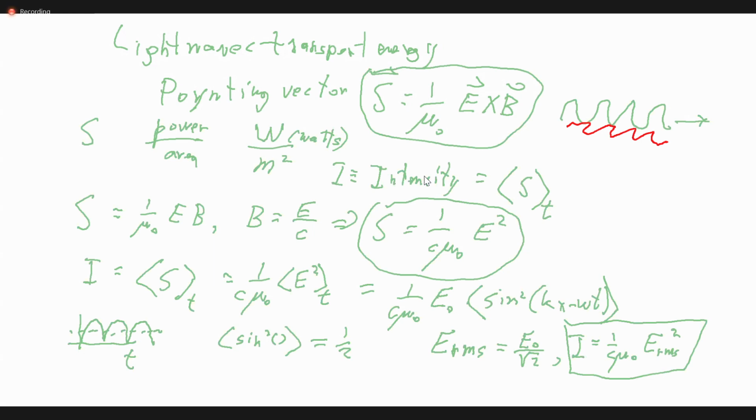Okay, so let's talk about the energy density associated with the electric field and magnetic field. We already know when we talked about DC fields, we used the model of a parallel plate capacitor for electric fields, and for the magnetic field, we used the model of the solenoid.